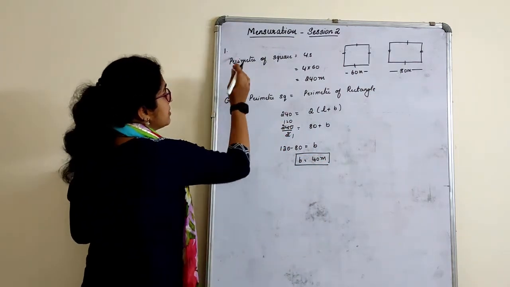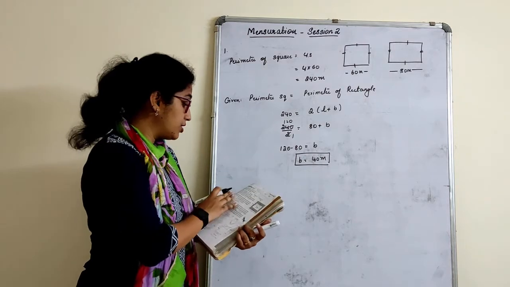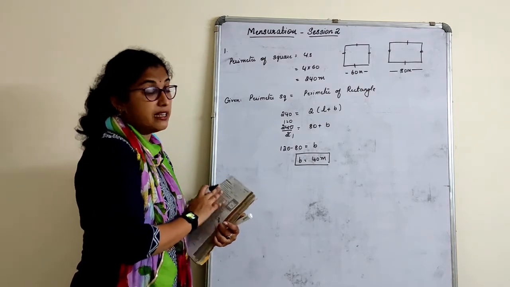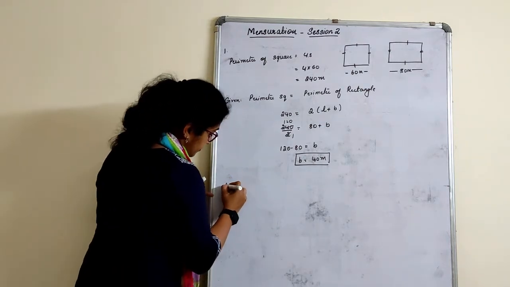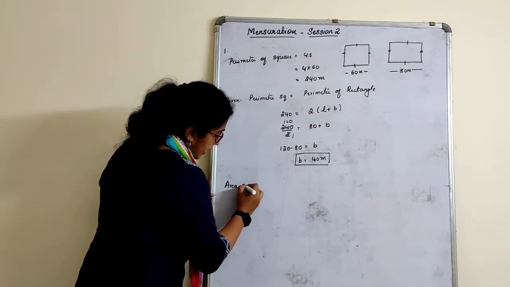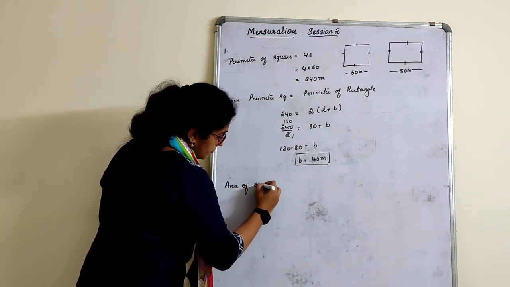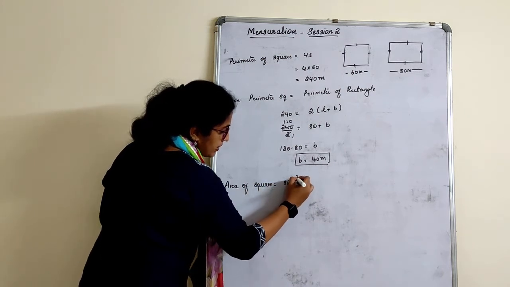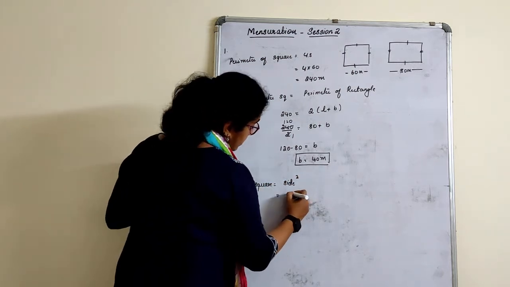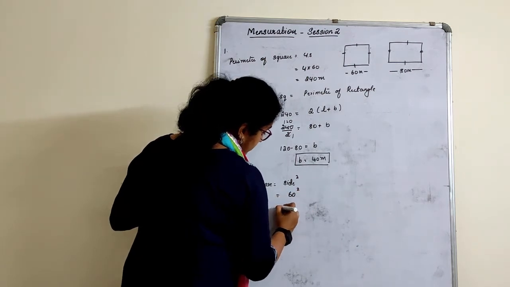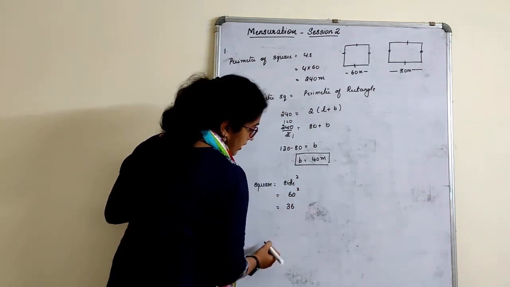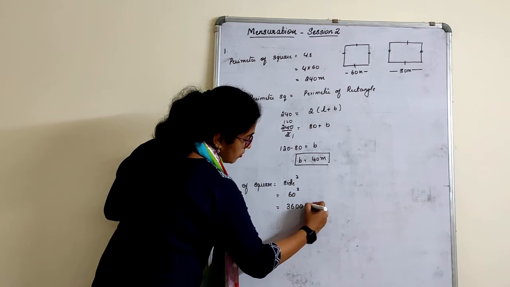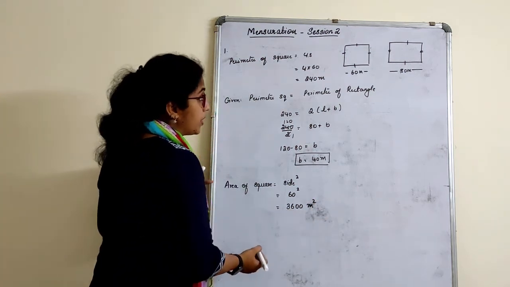Now, since we have to find which field has a larger area, next part. Area of square is equal to side square. That is nothing but 60 square. 6 square is 36, so 3600 meter square. Okay.